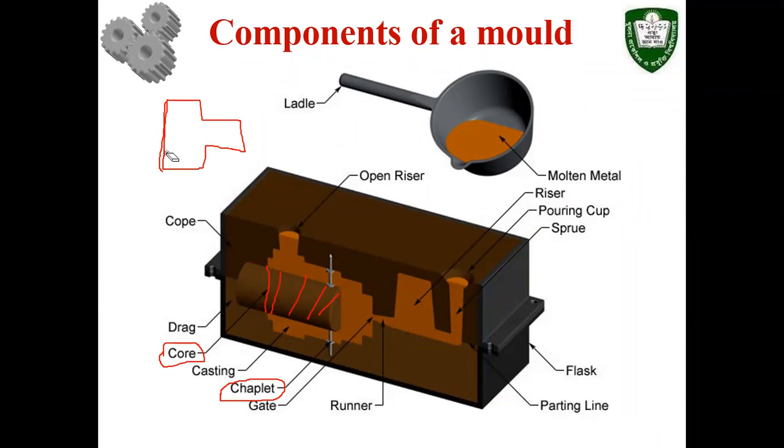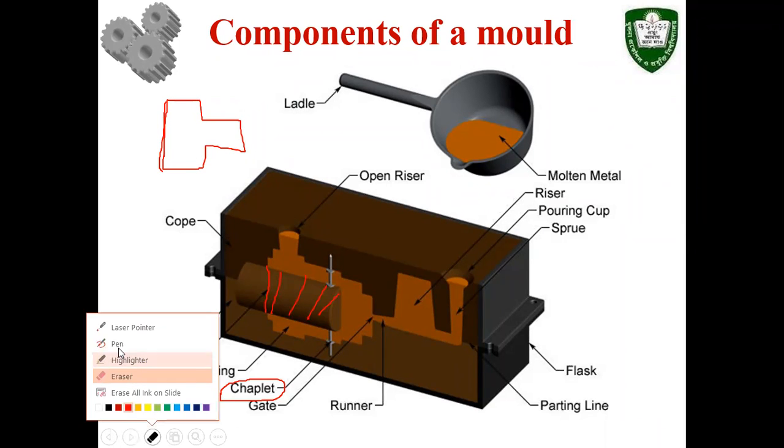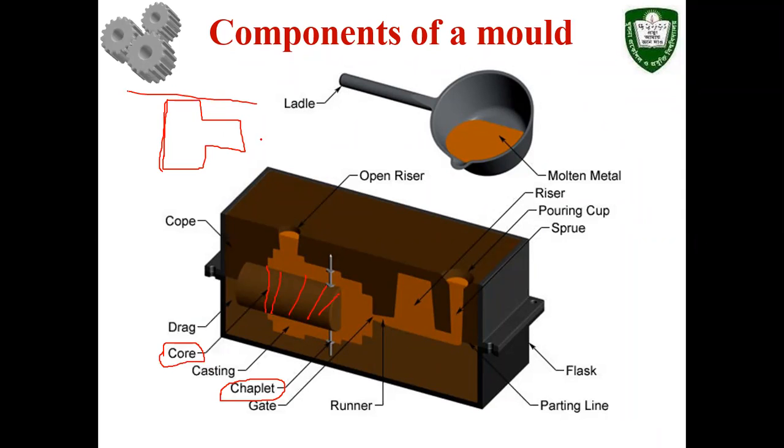We make a pattern like this, and then we make the cavity similar to this. The cavity is also the same, but I don't want to flow the molten material into this region.